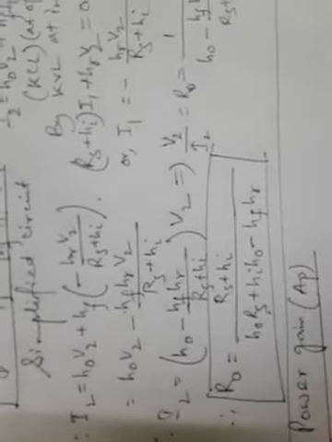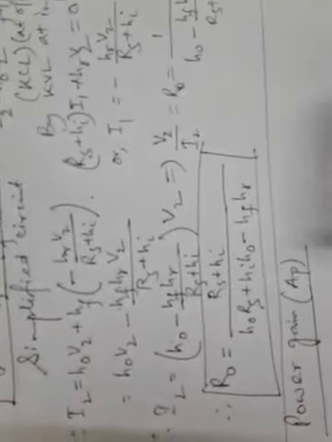So finally, last we should be calculating the power gain, denoted by AP. This is defined as the ratio of output AC power to the input AC power.